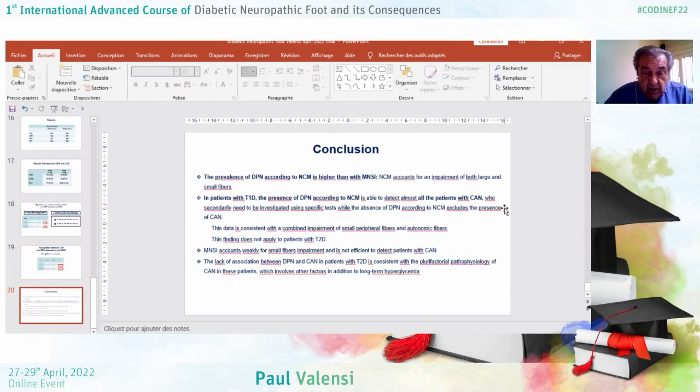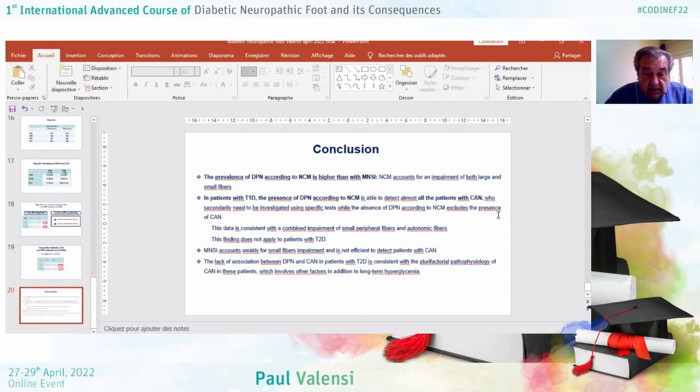And of course, when you are suspecting CAN, you need secondarily to investigate the patients using specific tests. While the absence of DPN according to NCM excludes the presence of CAN. So this may be important in clinical practice.